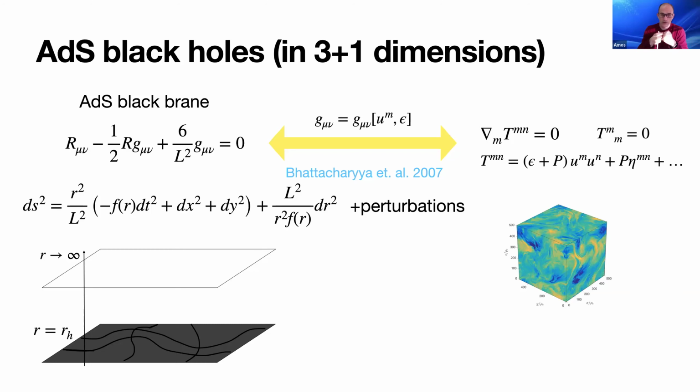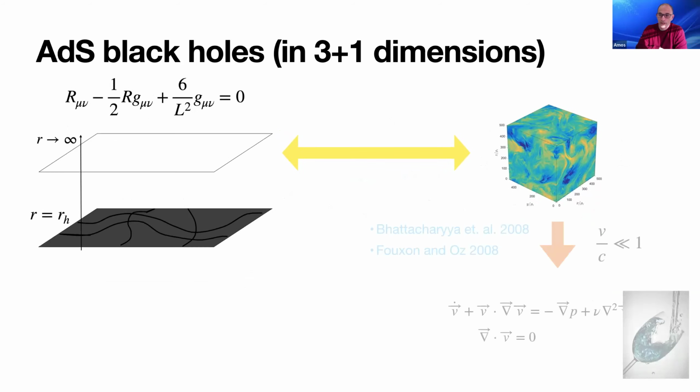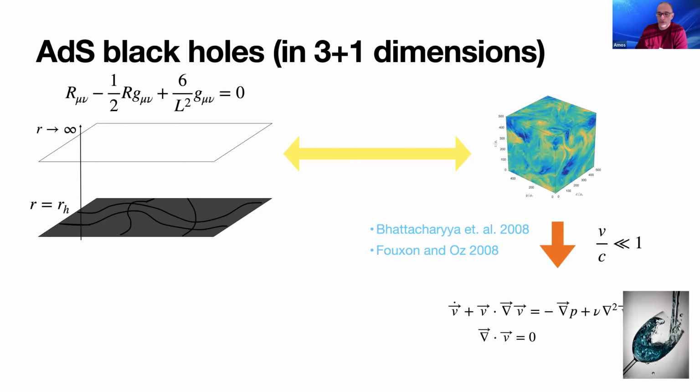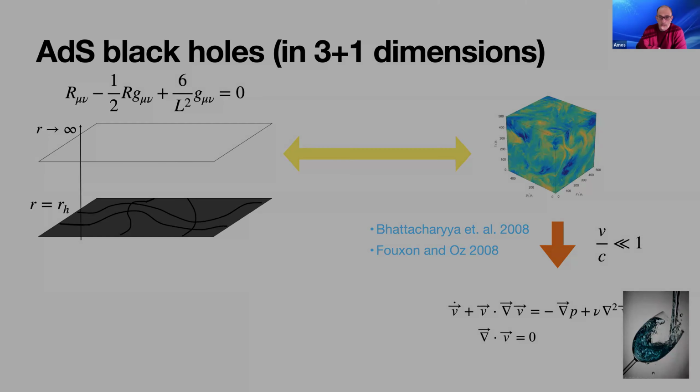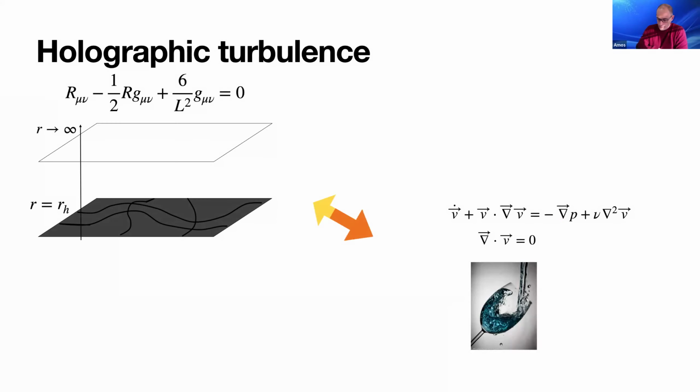If you know how to organize your perturbative expansion right, you can just show that there's this relationship. And now, obviously, we can look at a solution which is moving at velocities much, much smaller than the speed of light, and we should have something that looks like the Navier-Stokes equation. So when I talk about holographic turbulence, what I mean is a relationship of this type.